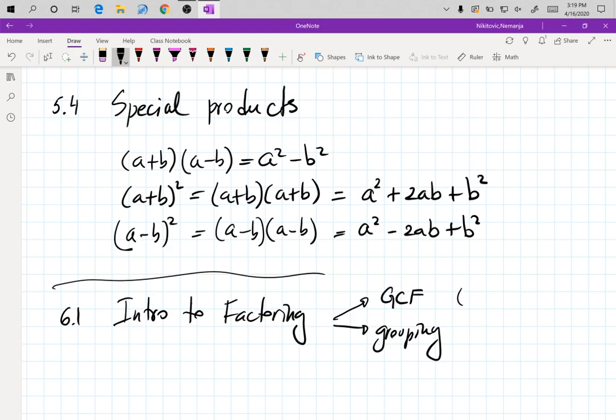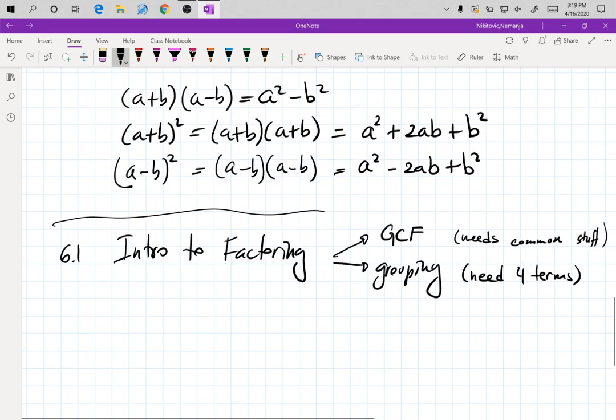So GCF can pretty much be done on any type of problem, with as many terms as you like. It just needs to have common stuff, let's say, because we're talking about numbers and variables. And then grouping needs 4 terms, and then we can do the grouping.